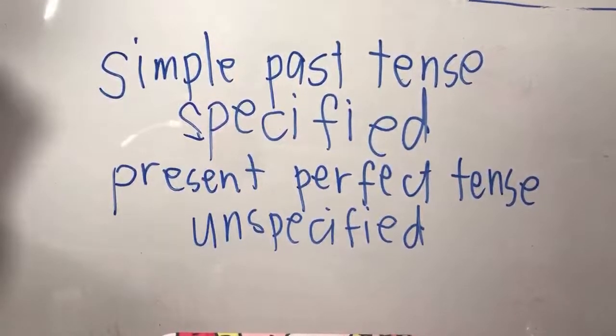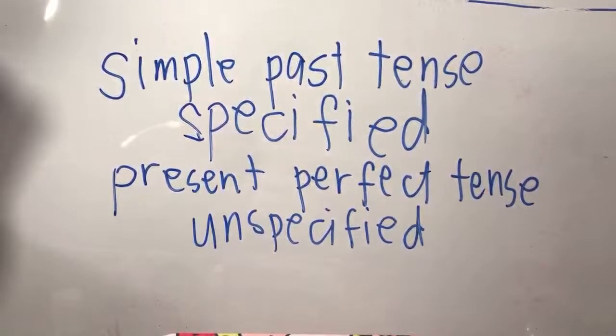Did you check? Okay. So that's the difference between the simple past and the present perfect. Okay? So again, look at the example. I've cut my finger. So again, it's unspecified time that it has happened recently.